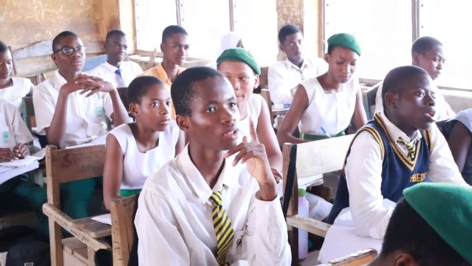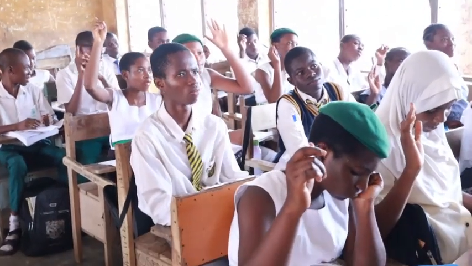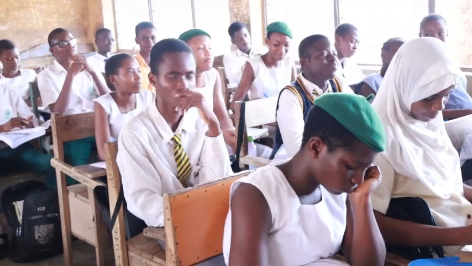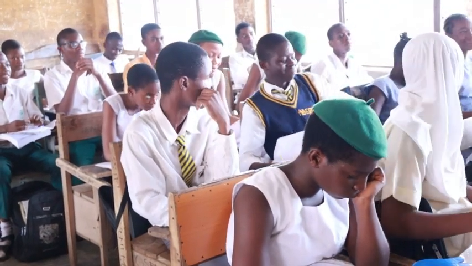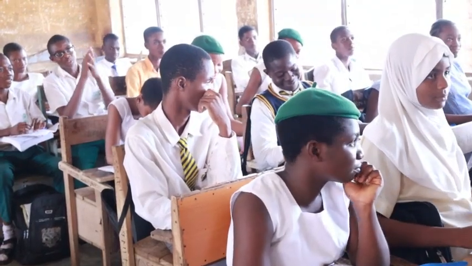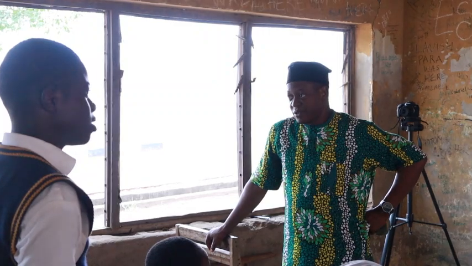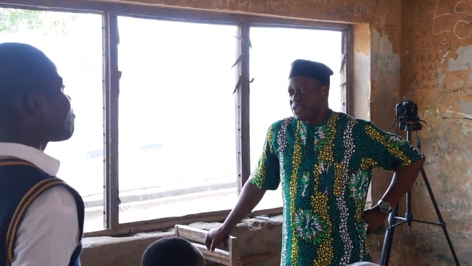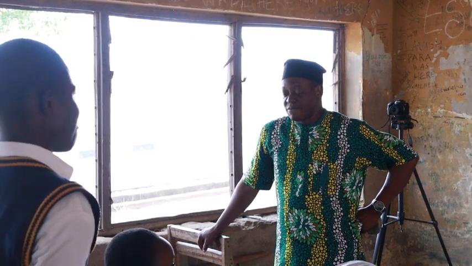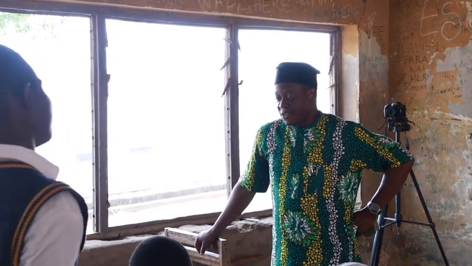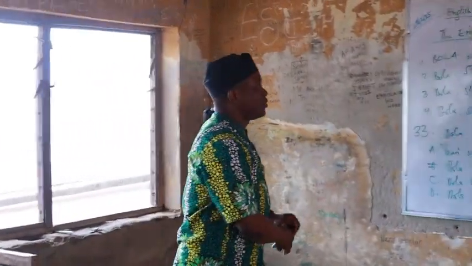The answer is C, raise your hand. The answer is D, raise your hand. Get up. C is your answer. You just woke up from the slumber. Not slumber. Summer. All right, sit down.